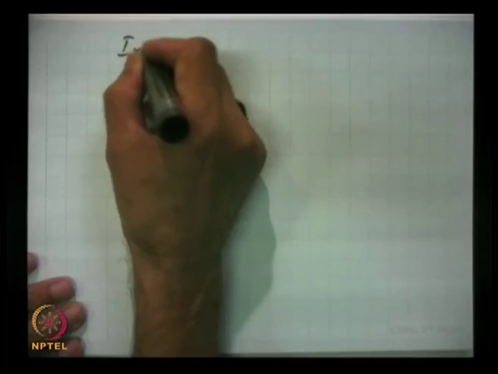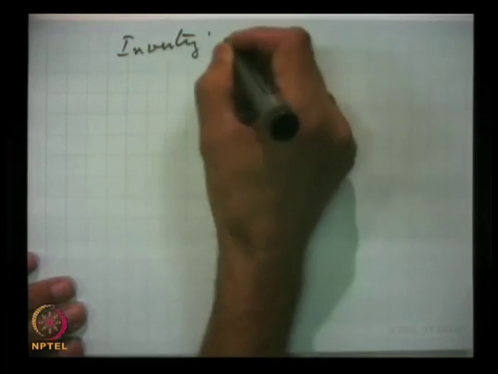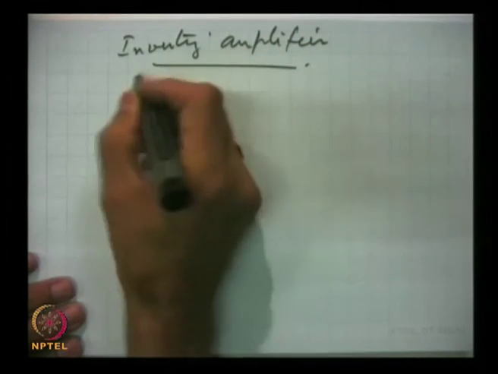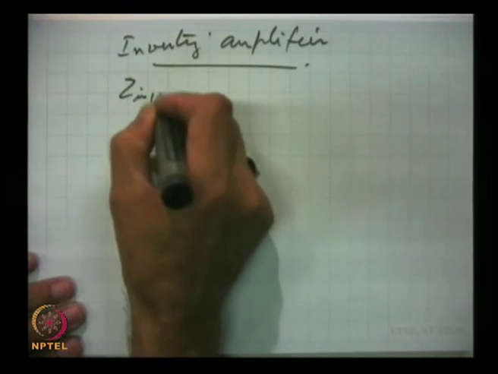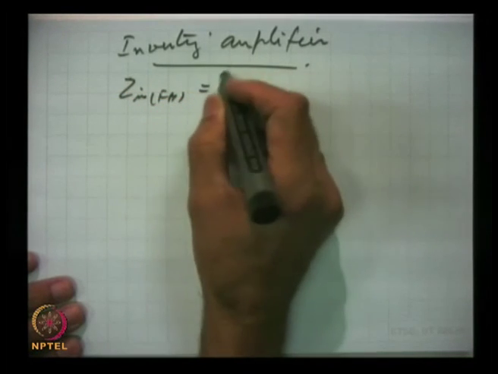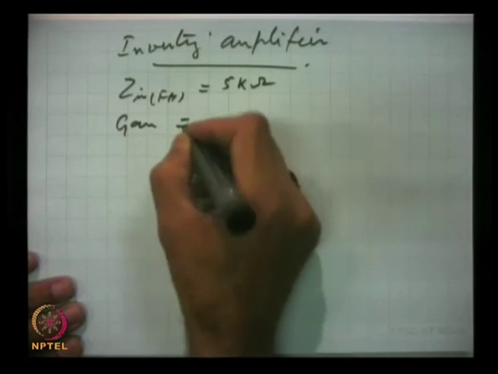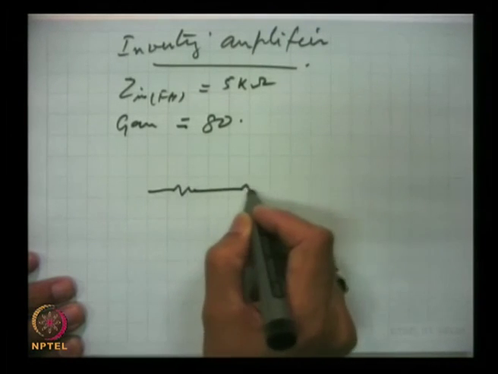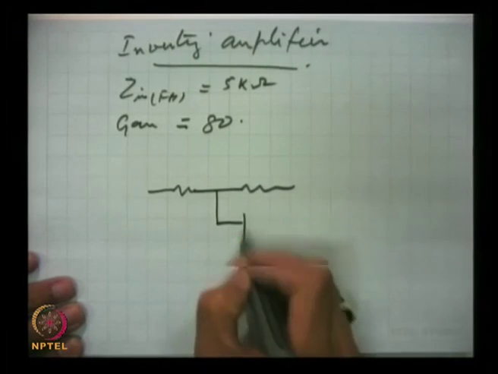There is time for one more problem, and that is: construct an inverting amplifier such that input impedance with feedback is 5 kilo ohms and gain is 80. It is very simple. You have to choose these two values rightly.